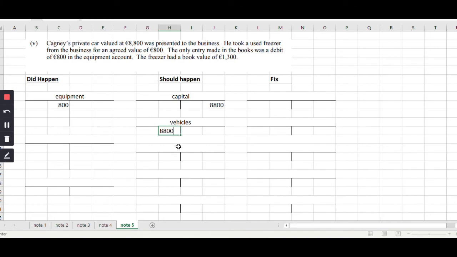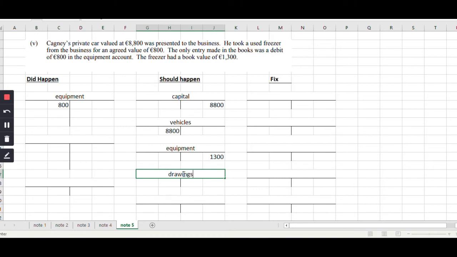Okay, so what's happened here? First of all, a freezer for a grocer's would be classed as equipment. So the equipment was worth the book value €1,300. So we credit €1,300. But he took it from the business for €800.